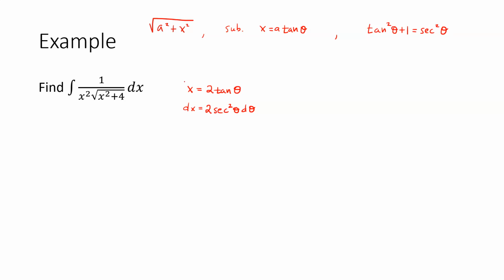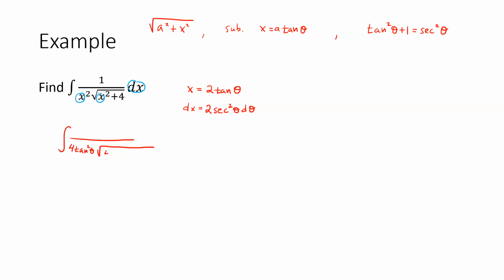Okay. So we'll insert those values here and here. So x here gets replaced with 2 tan theta, and then dx here gets replaced with 2 secant squared theta d theta. Okay, so we'll have here 2 tan theta squared will be 4 tan squared theta.